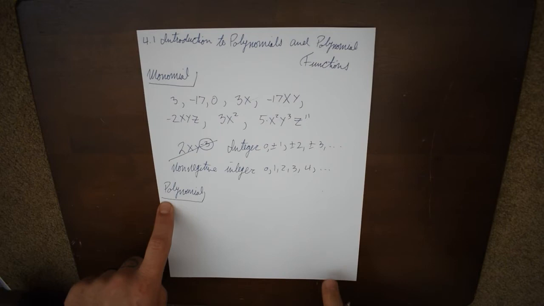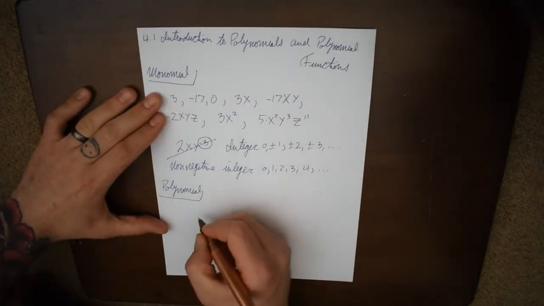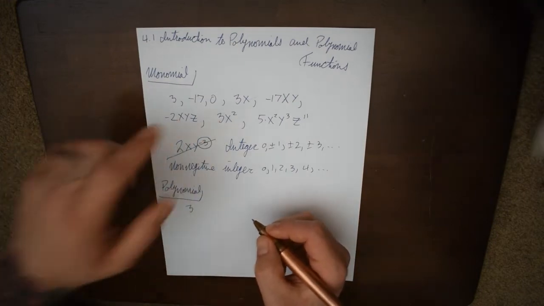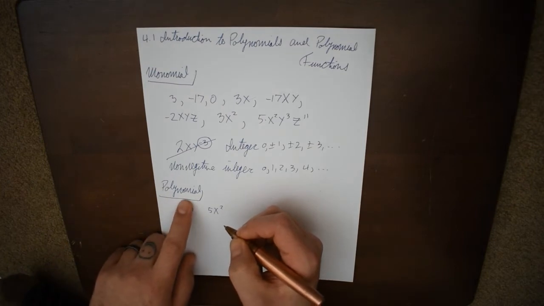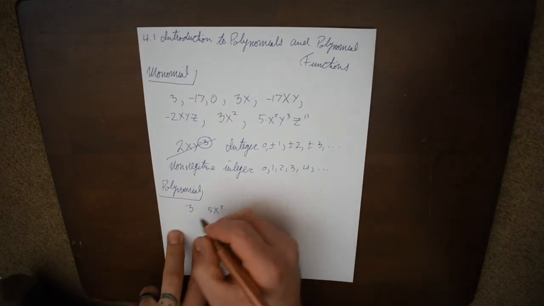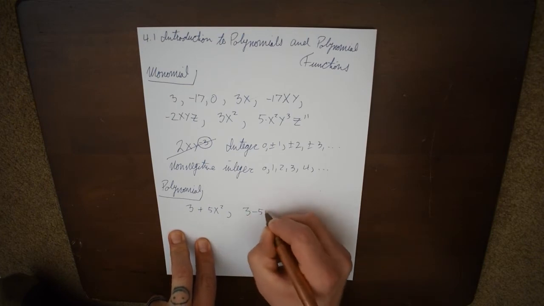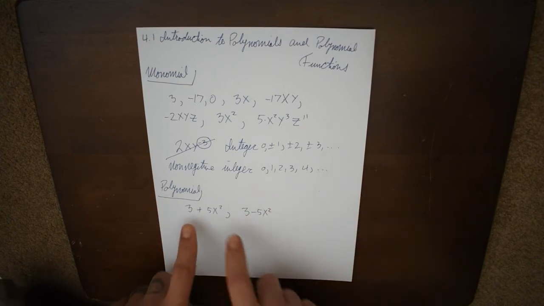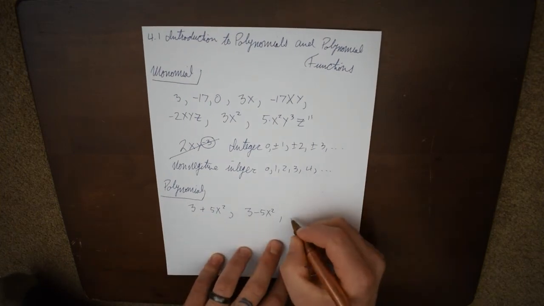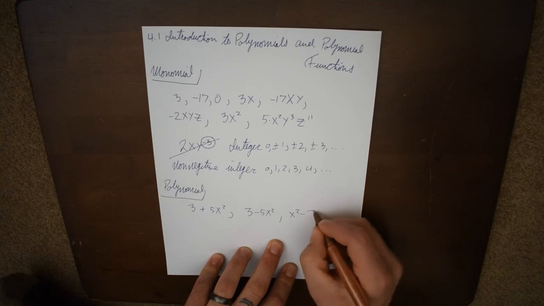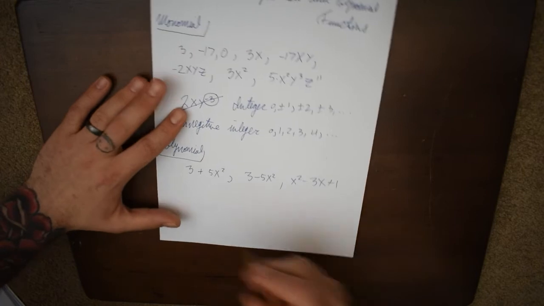What about polynomials? Well, a polynomial is just going to be many monomials. So we can take a monomial, say 3, and we can take another one, 5x squared, and polynomials combine monomials with either addition or subtraction. So we now have a polynomial. x squared minus 3x plus 1 is a perfectly good polynomial.